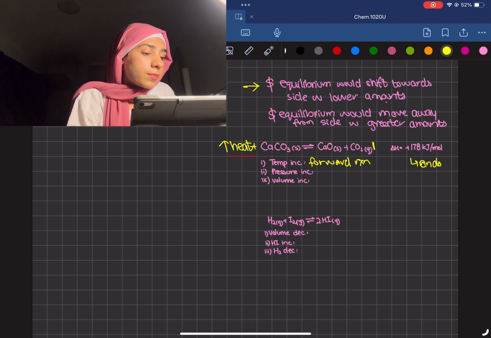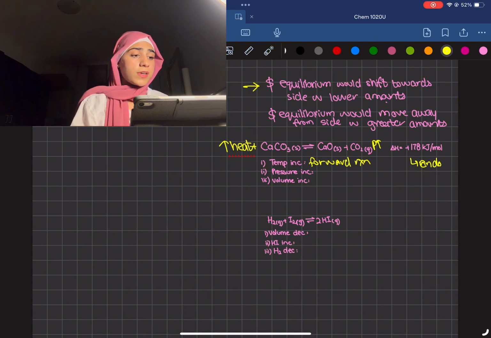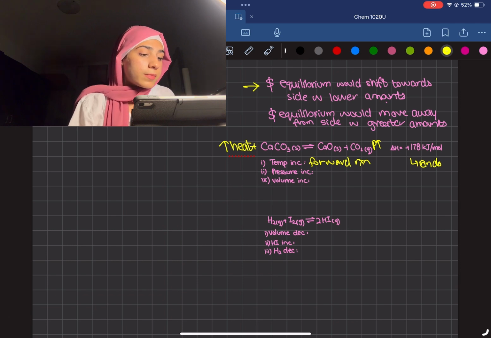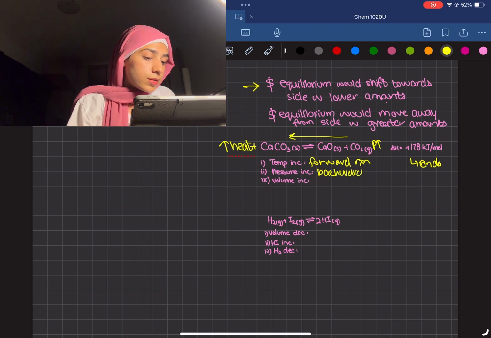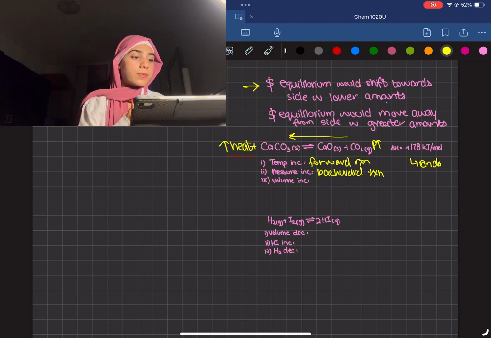And then I'm increasing the pressure on the product side. If I follow the above two statements, my backward reaction would be preferred. Reaction moves backward to make up for the increase in the pressure.